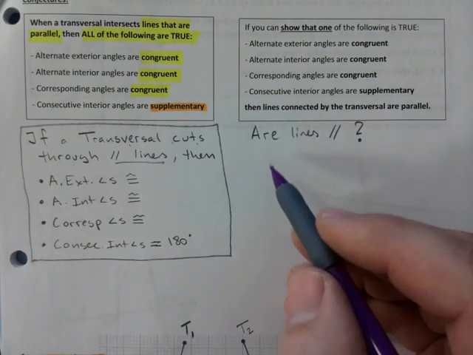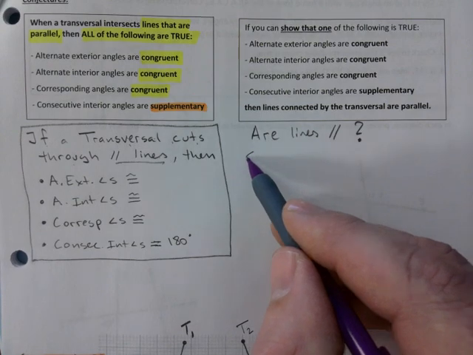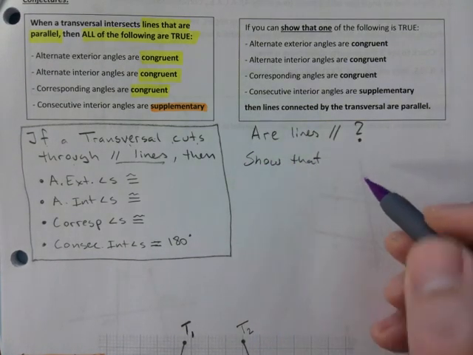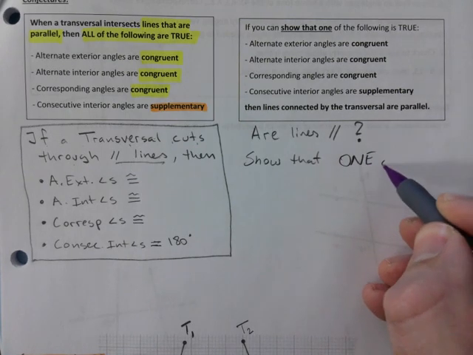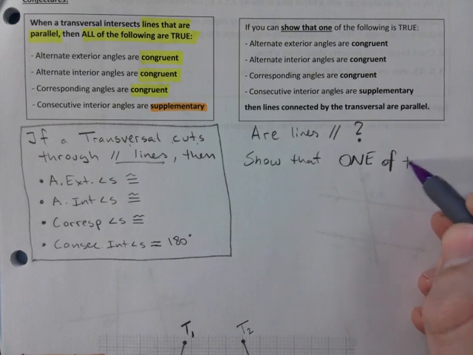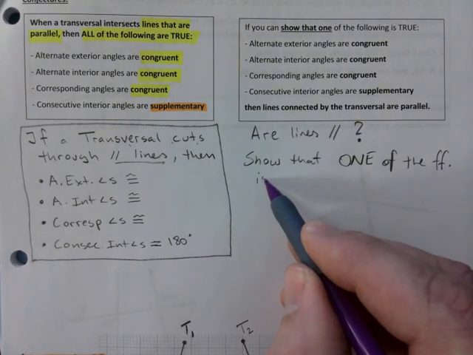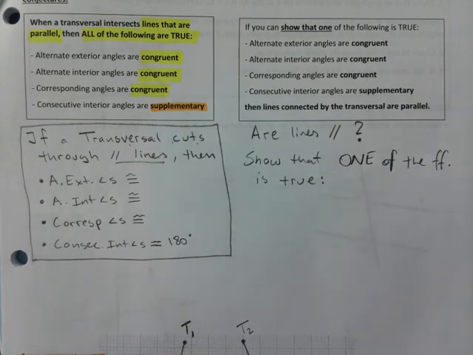And so this is what you're going to say: show that one of the following is true. Only one. You just focus on finding that one of these is true.